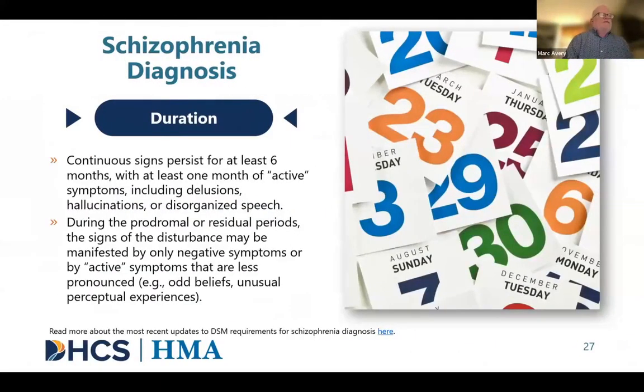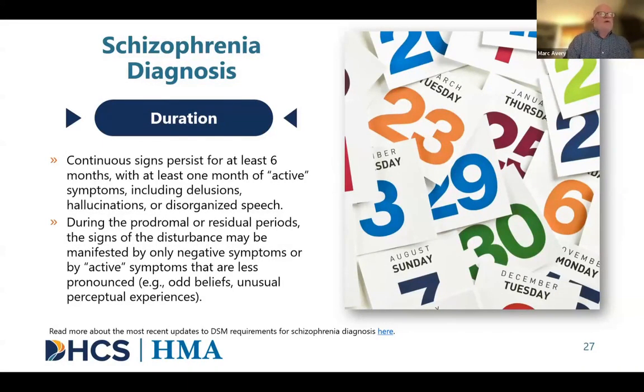The DSM-5 stipulates some criteria related to duration of symptoms that are required for a diagnosis of schizophrenia. For schizophrenia itself, continuous signs of the disturbance must be persistent for at least 6 months, with an at least 1-month period of active symptoms, including, as mentioned, delusions, hallucinations, or disorganized speech.